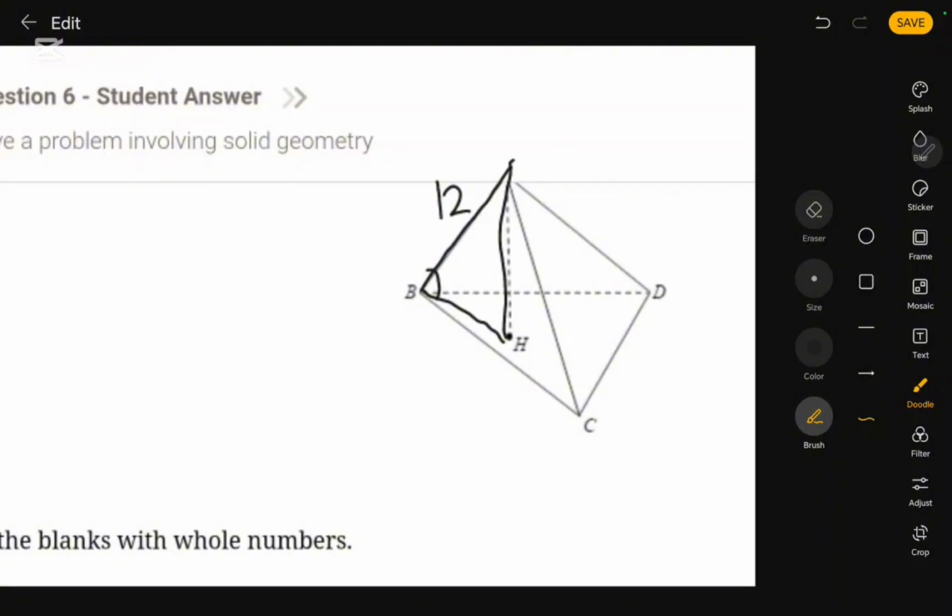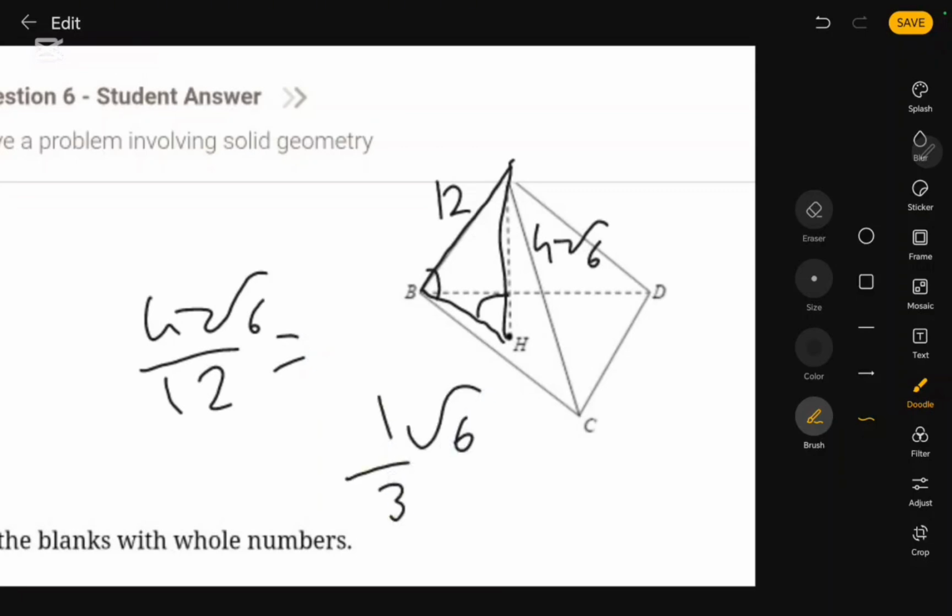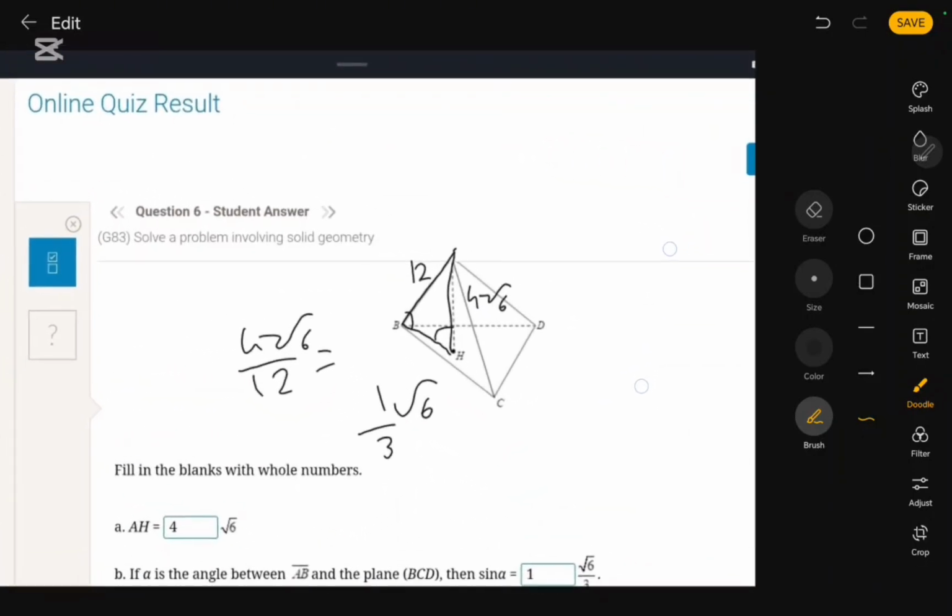So actually, is it this one, or let me keep going. H is 4 radical 6. Sine is opposite over hypotenuse? So 4 over 12. So is it 1 over 3 radical 6? Is it? Oh, dang, actually, okay.